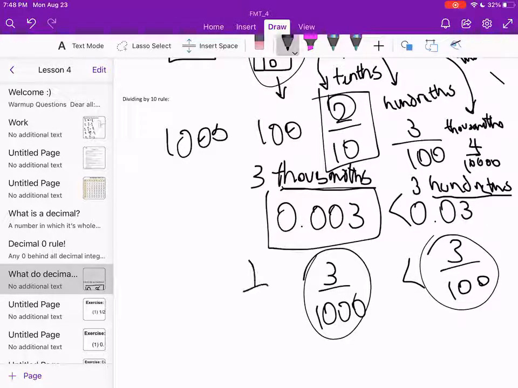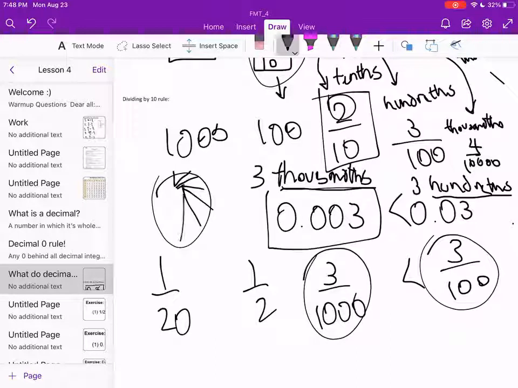That is the same as saying I'll give you half of the pie or I'll give you 1/20th of the pie. So if I divide a pie into 20 sections, right? And I just gave you this one little piece right here. Would you rather have that one little piece or would you rather have this whole piece right here?